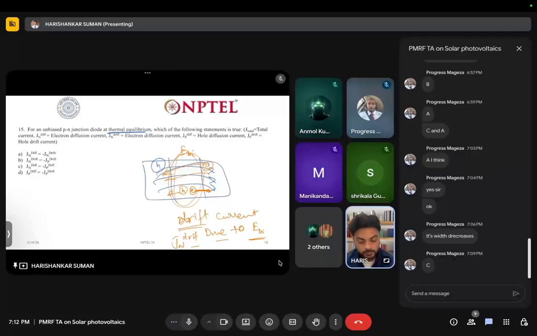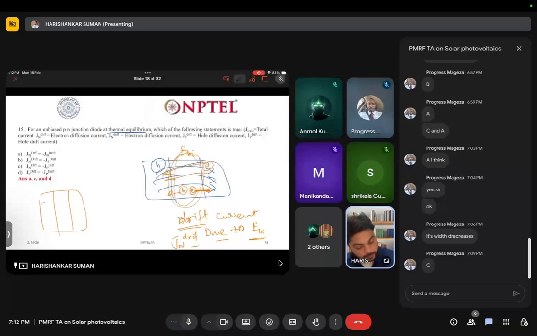So according to the statement, first option: an electron diffusion current balances the drift. Let me explain one by one.